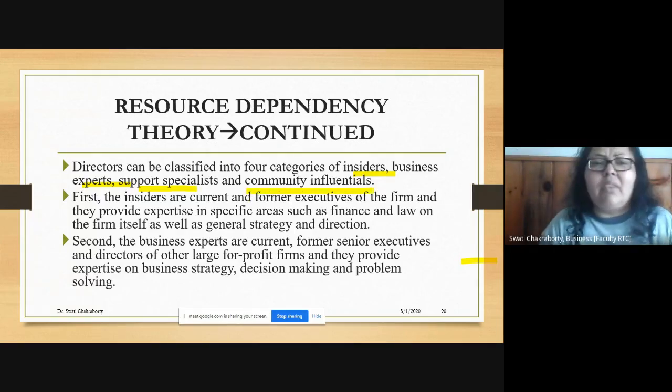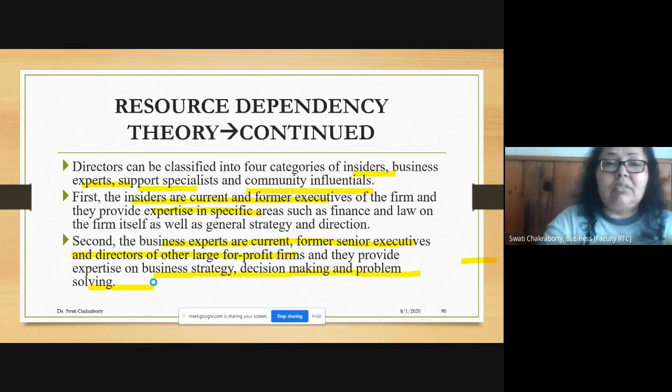When we talk of insiders, they are the current executives, sometimes former executives also, who provide expertise on certain areas, right? Business experts are current, former, and senior executives and directors of other large for-profit firms. What do they provide? Expertise on business strategy, business decision making, and problem solving.